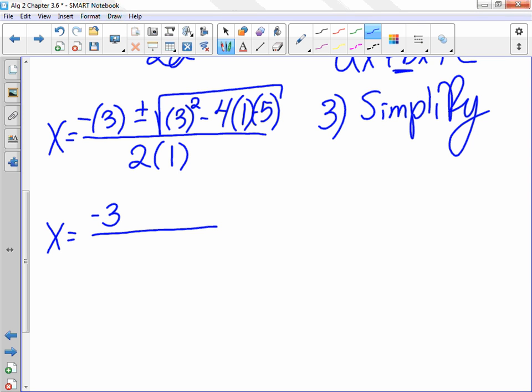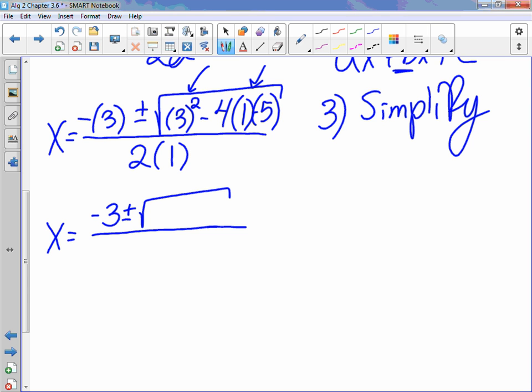The reason I put those parentheses is just in case b is negative, because a negative and a negative would make it positive. If we wanted to do this by hand, the next thing I would do would be b squared, 3 squared, and then see what negative 4 times 1 times negative 5 is.